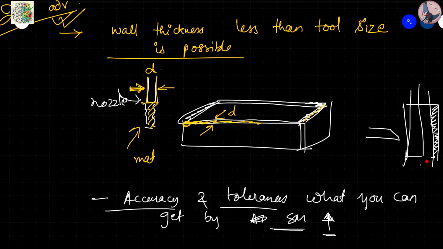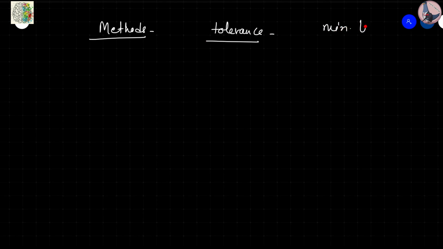I will put some data which you can remember. Let me make a table. Suppose there are some methods, then what sort of tolerance you can get, and what is the minimum layer thickness. These are some numerical values which you can remember.